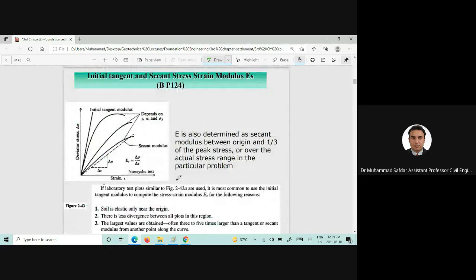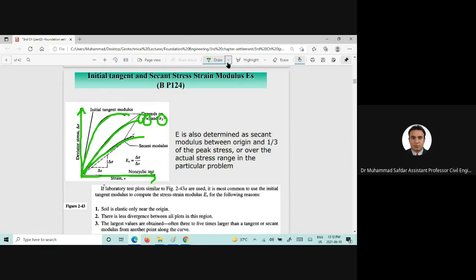Also explained here, for example, if we want to find out the initial tangent modulus. If we perform a test and the stress strain graph looks like this, and there is another test where the graph looks like this, depending upon the unit weight, water content, and the sigma 3 confinement, we will get different types of stress strain behavior.